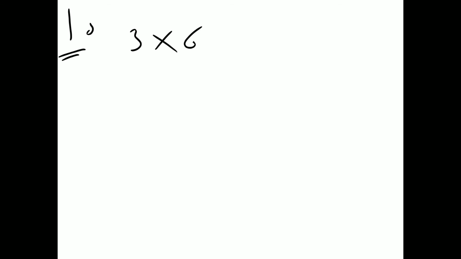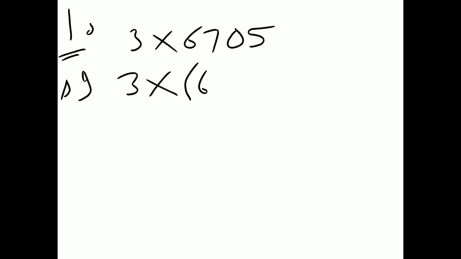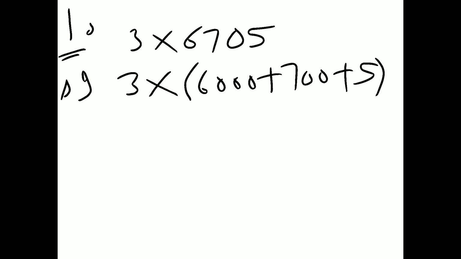Similarly, we do the 10th part. 3 into 6705. What do you have to do? You write 3 into 6000 plus 700 plus 5. Clear? Because 0 we will not expand.